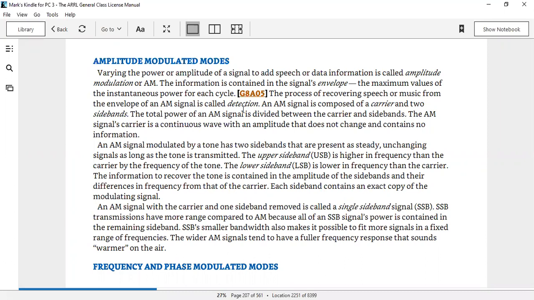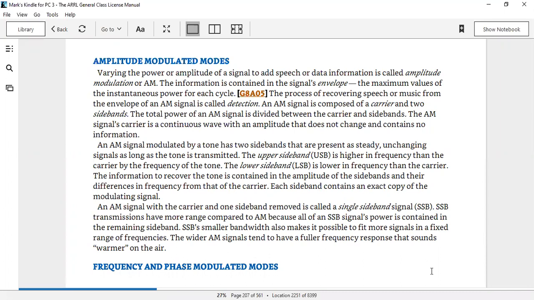So the AM signal is provided your voice, and the upper sideband is higher in frequency than the carrier tone, and the lower sideband is lower in frequency. The AM signal with carrier on one sideband is called single sideband, or SSB. And it says here, the wider AM signals have a fuller frequency response that sounds warmer on the air. So I had kind of gone over that.